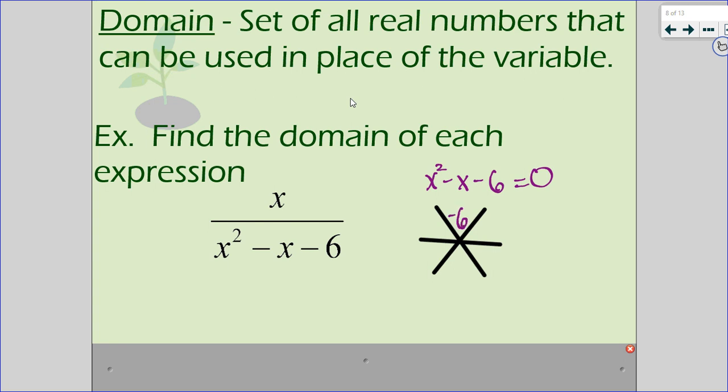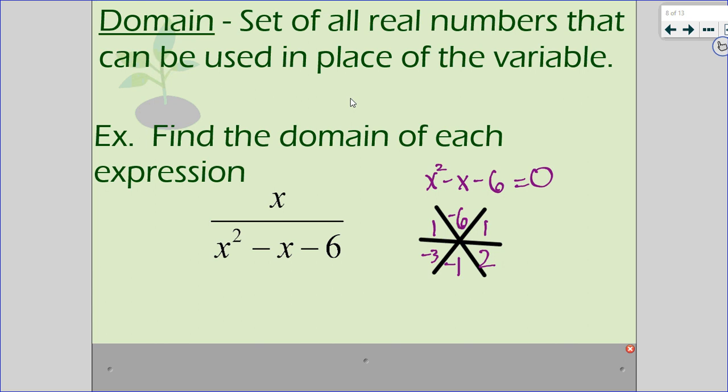How about the bottom? -1. Two numbers that multiply to give you -6 and add up to -1. -3? No, 3 and -2. -3 times 2 is -6. -3 plus 2 is -1.